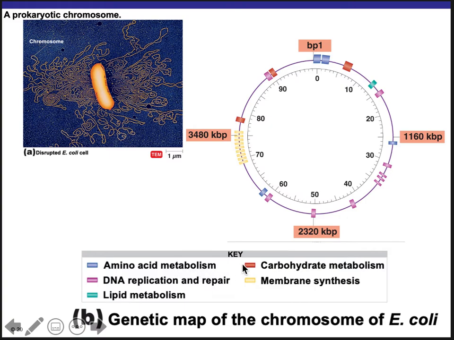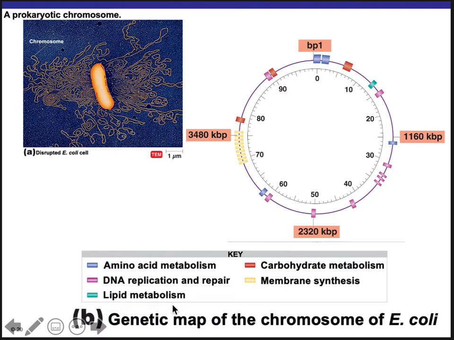All of the reddish orange color is carbohydrate metabolism. The membrane synthesis is interesting. All of the genes are clustered together in one long stretch, and that's all the genes that are needed to make the plasma membrane, right?